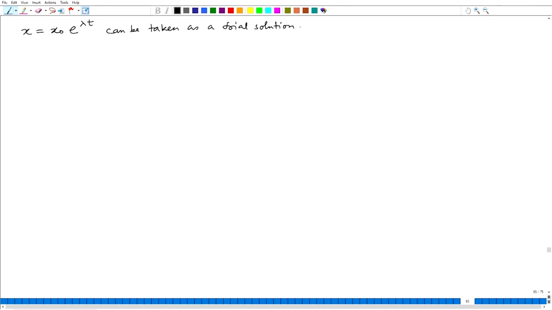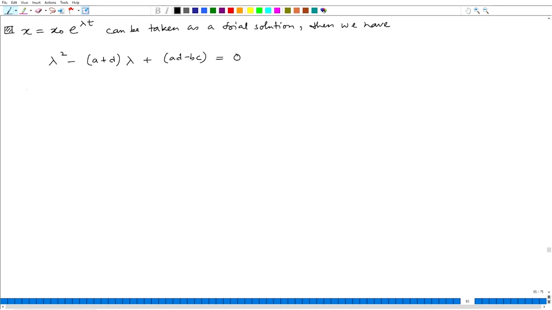And then we have lambda squared minus (a plus d) lambda plus ad minus bc is equal to 0.